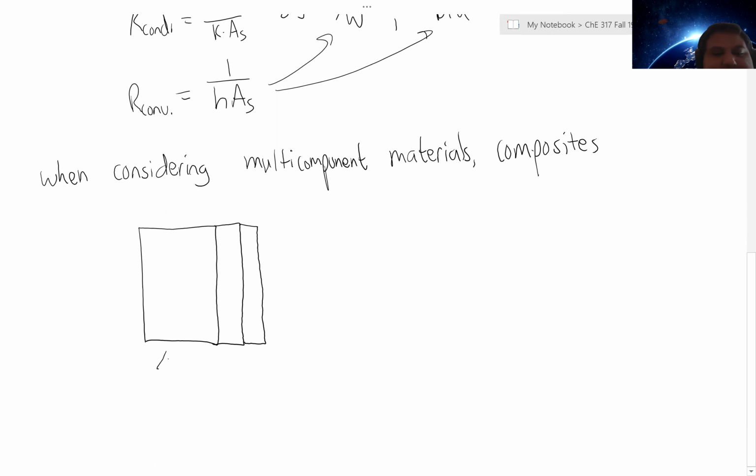Each substance has its own thickness. And I know on this side of the wall I have some temperature, and on the other side, an ambient temperature on the outside of the wall.